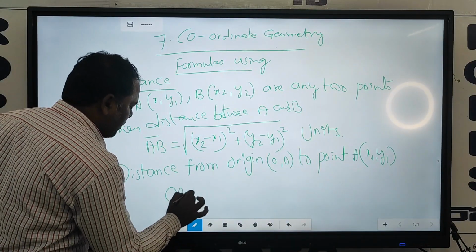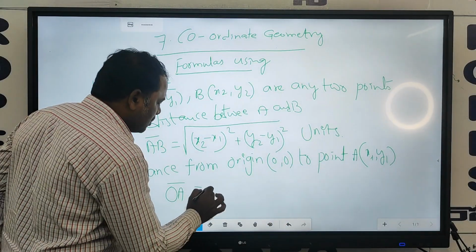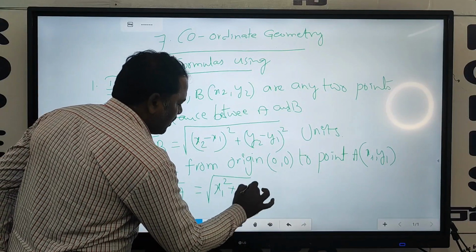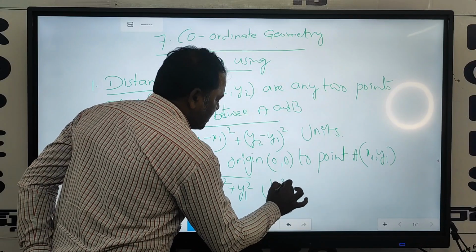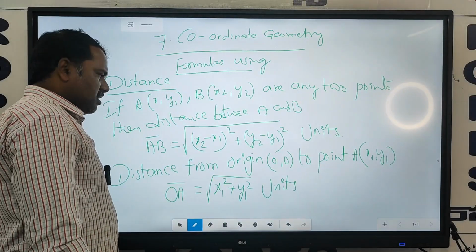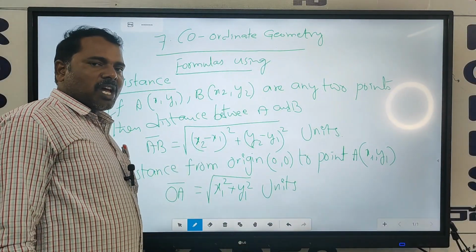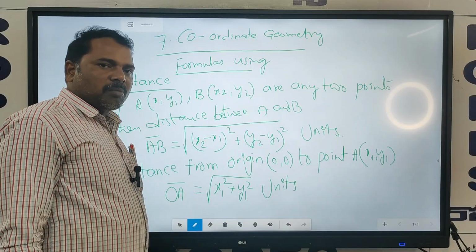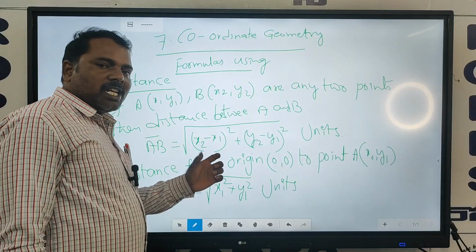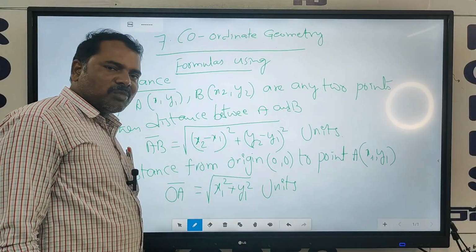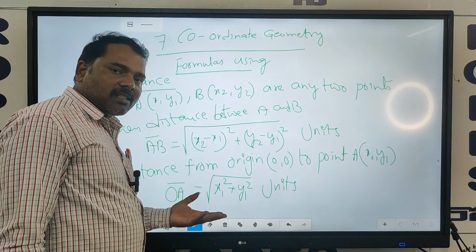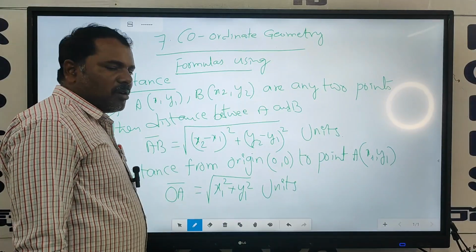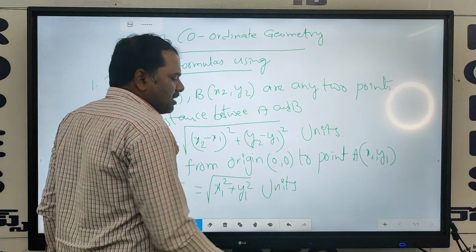So OA bar is equal to root of x1 square plus y1 square units. Based on this distance formula, in the public examination, we are going to face one problem. They will give the distance as some units, then find x or find y. Like this they will give. So this is the importance of the distance formula.